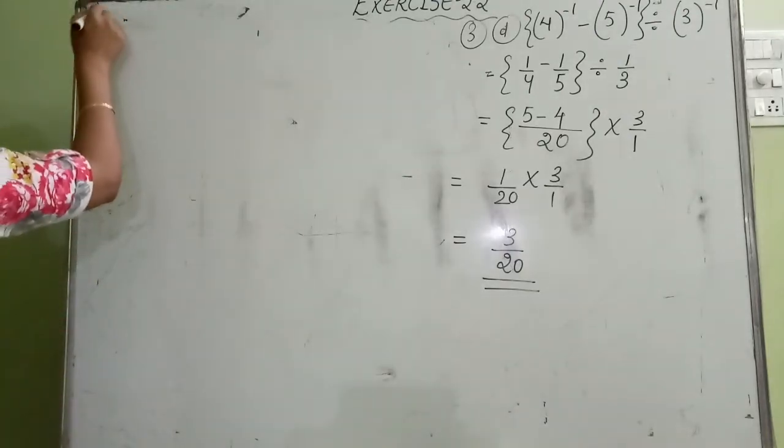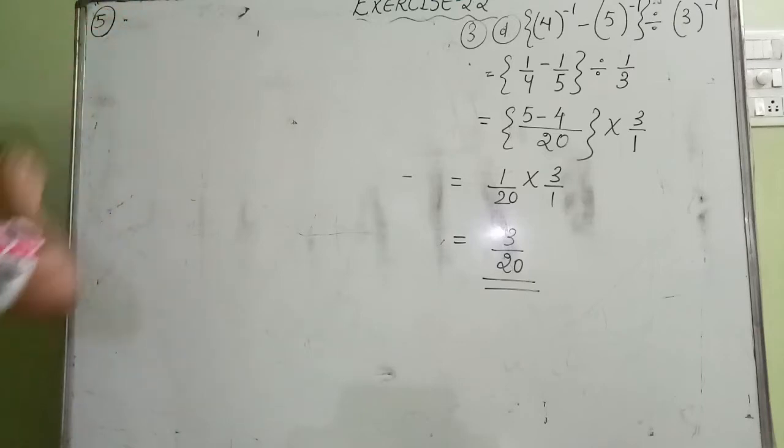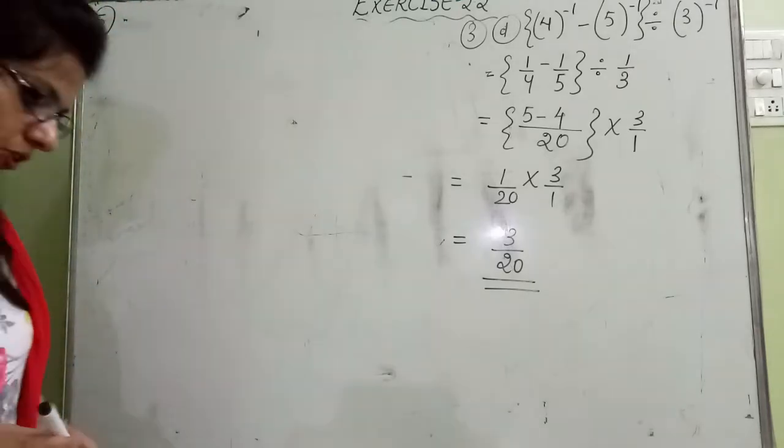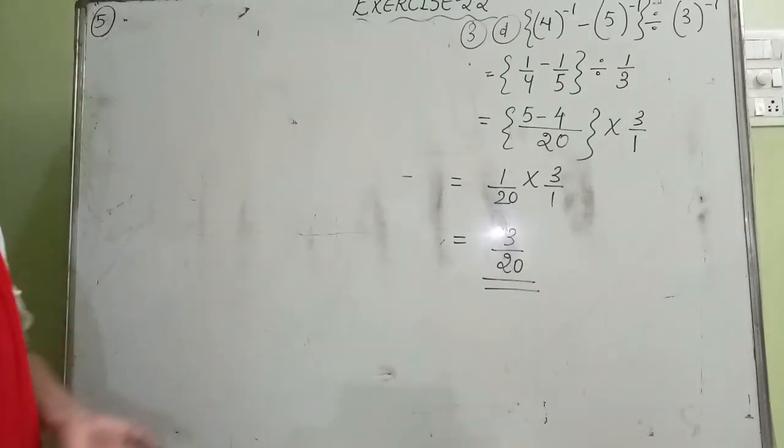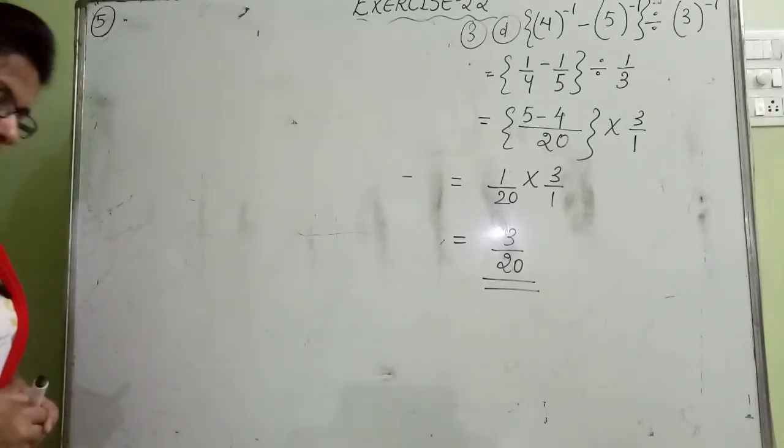Question number 5. Write each of the following as a rational number with negative exponent. So whatever answer we get, we have to write in negative exponent form.